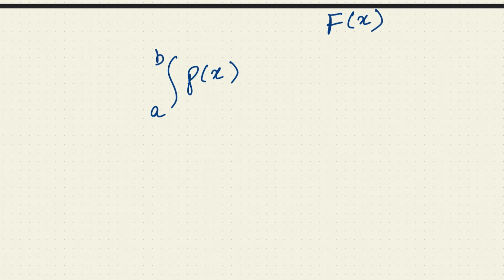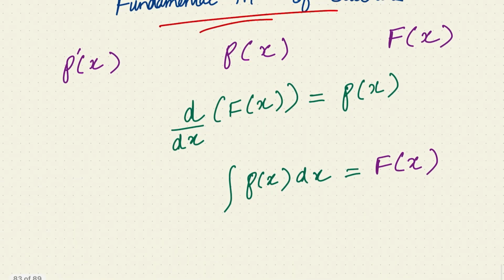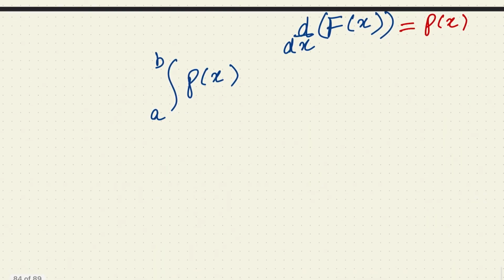If you have a function f of x and you're taking a definite integral from a to b, given that your capital F of x is the antiderivative of your small f of x, that is, the derivative of your capital F of x is your little f of x that we already talked about, then you can simplify this definite integral expression as capital F of b minus capital F of a.